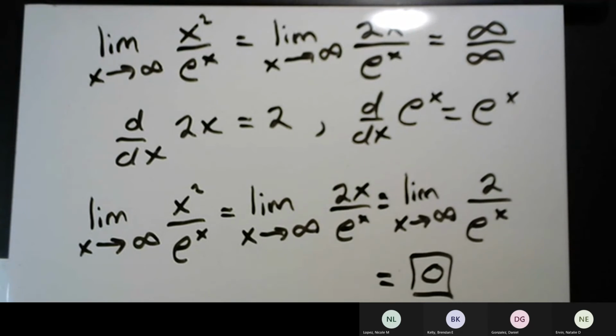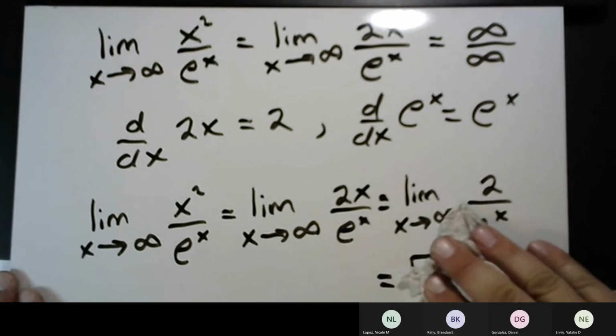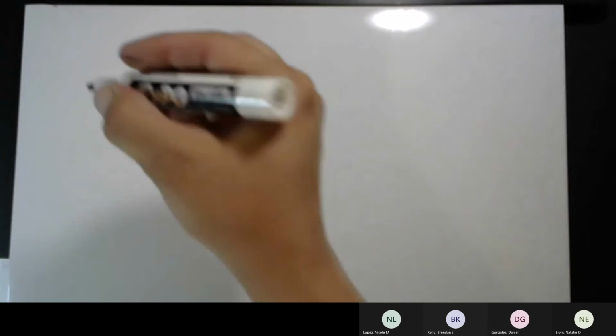So any questions about that? So let's take a look at another one. There's a certain kind that you do kind of have to watch out for, and it's something of the form like this.